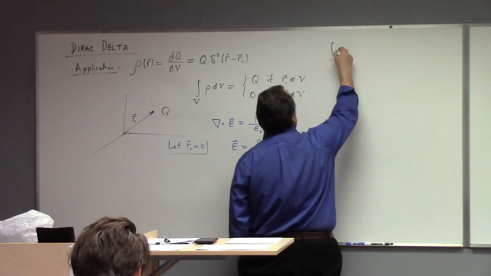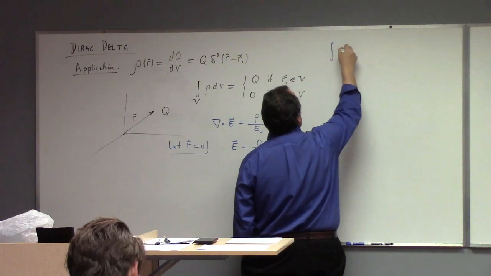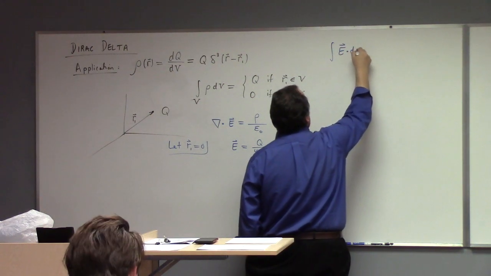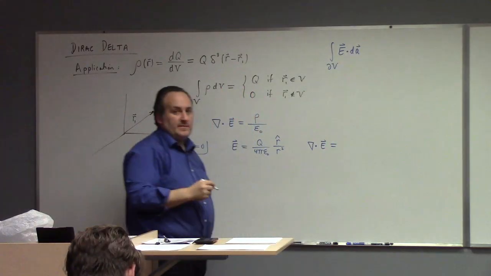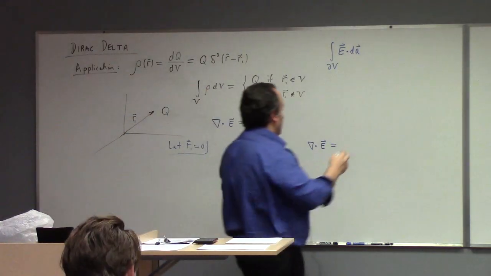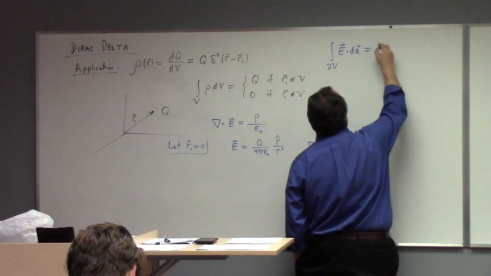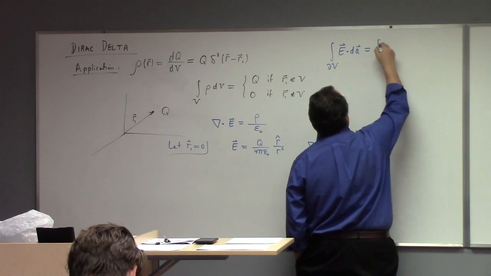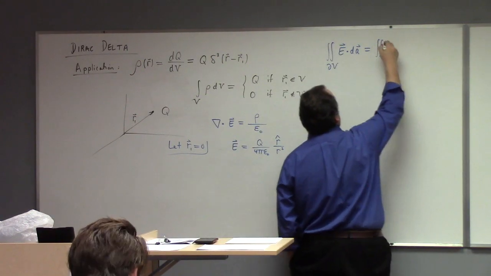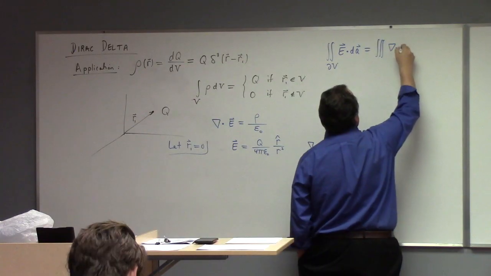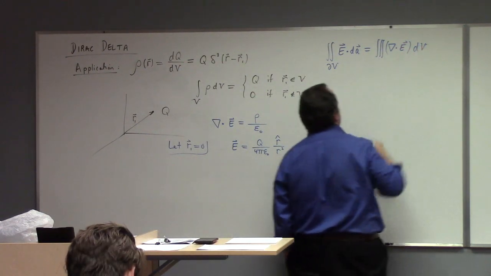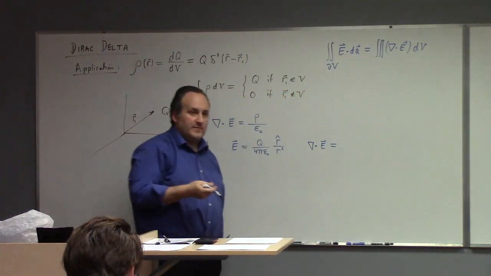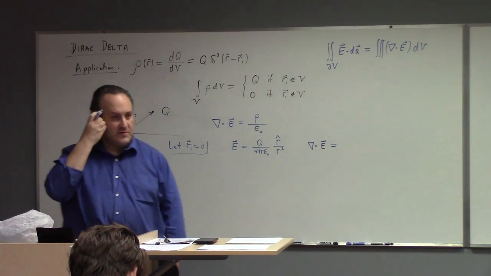The flux of the electric field over the boundary of some volume is equal to the triple integral of the divergence of the electric field over the volume. This was the divergence theorem. Remember that from Calc 3, the divergence theorem at the end?